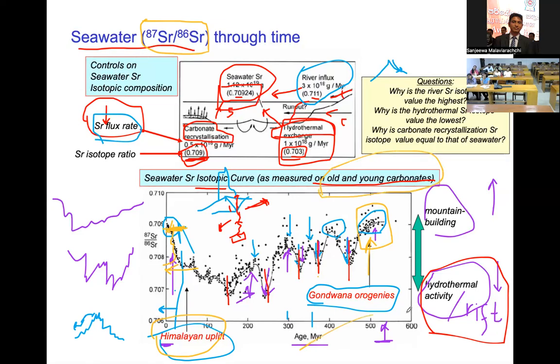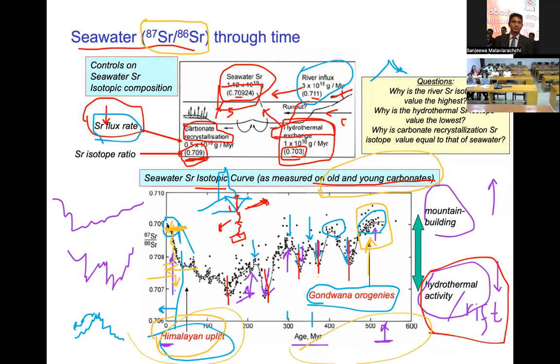Old carbonates here, young carbonates here. Here we have the present seawater, so we can measure directly. But for other times, you have to find fossils and determine the different time intervals according to the fossils.